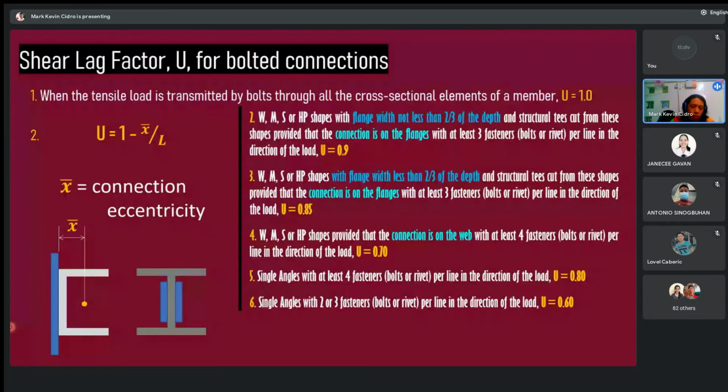Another one, if you have this shape, the centroid is here.